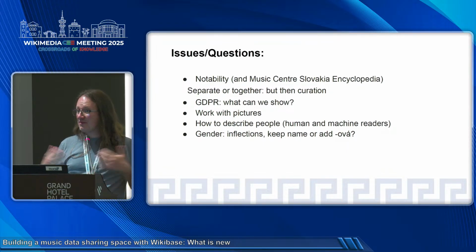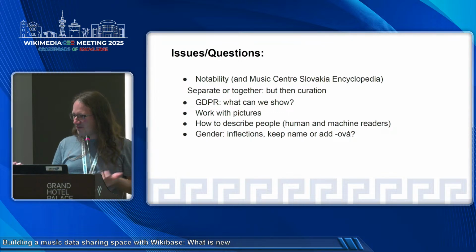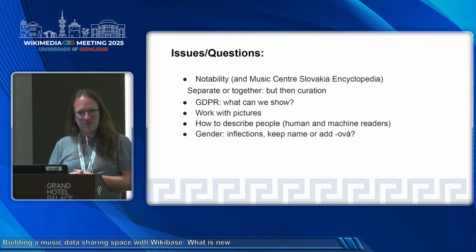The other thing is work with pictures, right? Ideally, when you have Wikipedia, even Wikidata, you want to have pictures of the artists that you are describing in your articles or on your Wikidata items. So that's also something we're trying to work with, trying to get the artists maybe to give us their pictures to promote themselves. That would be nice.